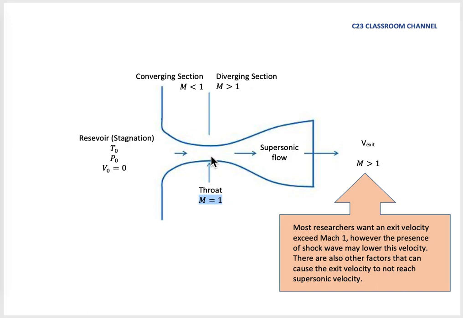What actually happens here is that the gas molecules start to compress themselves. Instead of changing from lower velocity to higher velocity, when it reaches Mach number 1, it cannot flow faster in the throat. The gas molecules will remain at the velocity of Mach number 1.